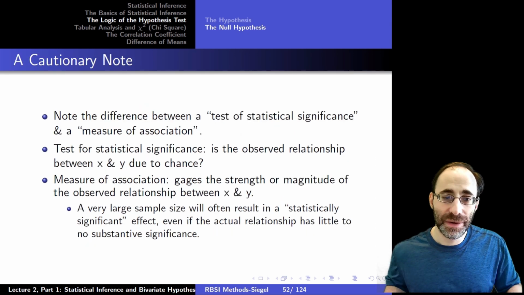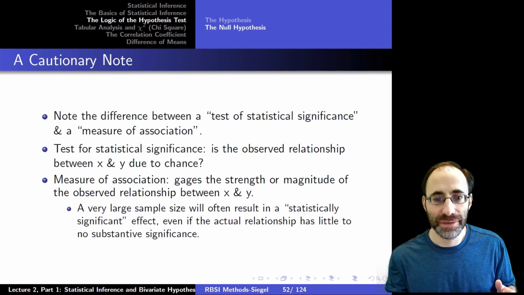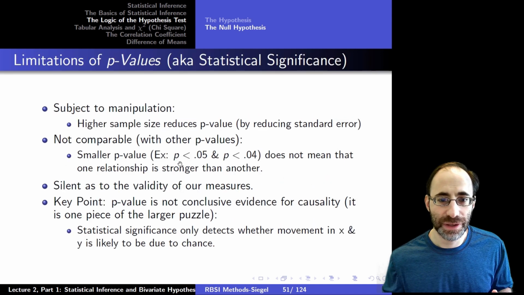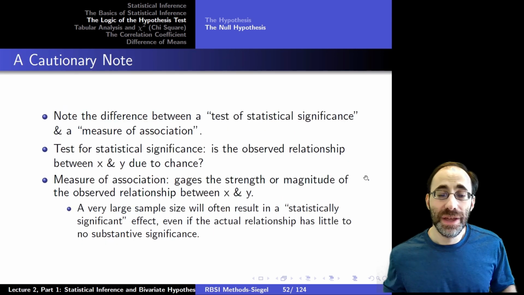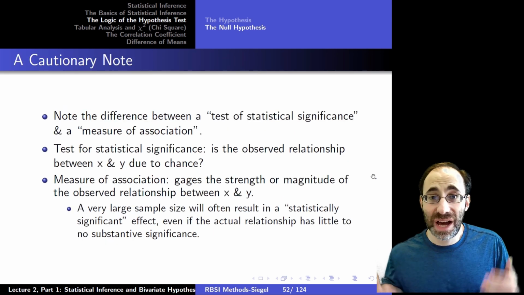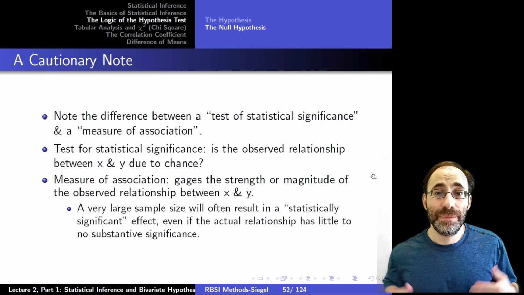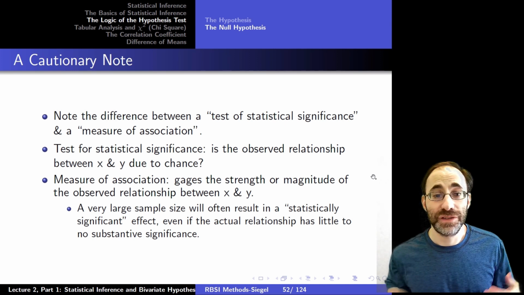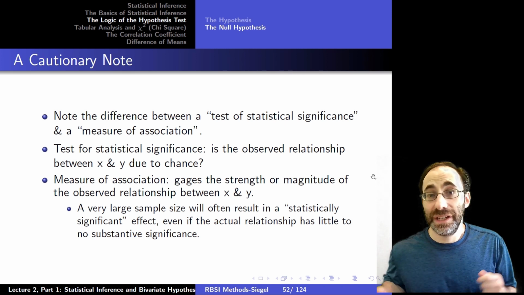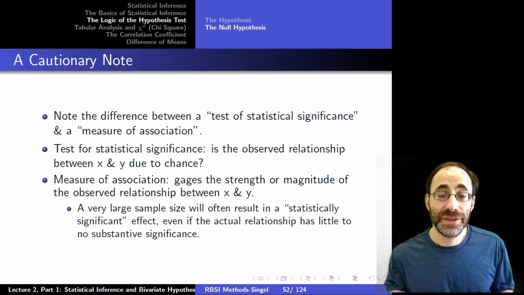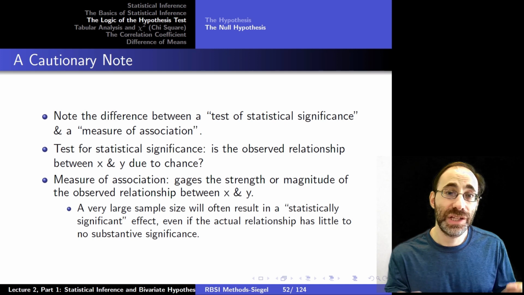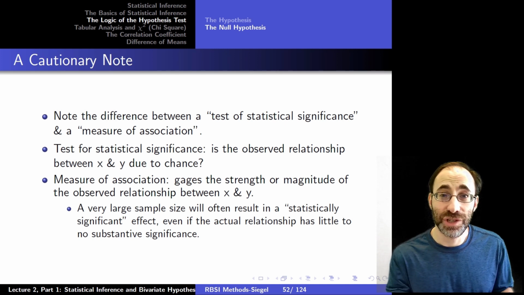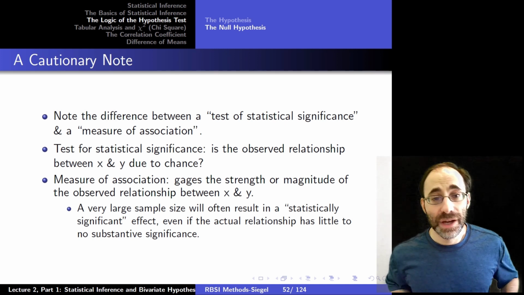And I mentioned this a second ago in terms of this point over here when they're not comparable in terms of strong relationships. But it's very important to note that statistical significance is not a measure of importance or substantive significance, or really even a measure of association. Significance tests for whether or not the association you saw is likely to be due to random chance or not.